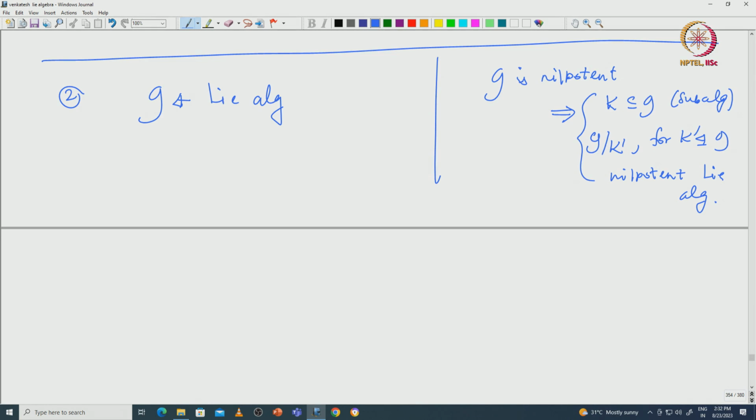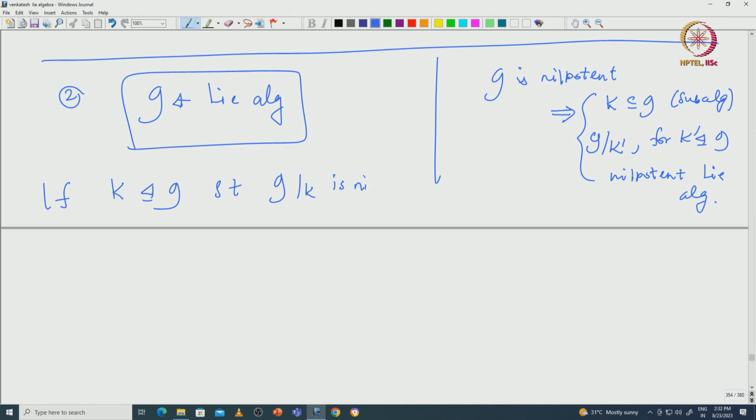So what is it? So let us look at it. You start with the Lie algebra G and take K an ideal inside G such that G mod K is nilpotent. So that is given to us, and further we also assume ad x restricted to K is nilpotent for all x in G. Okay.